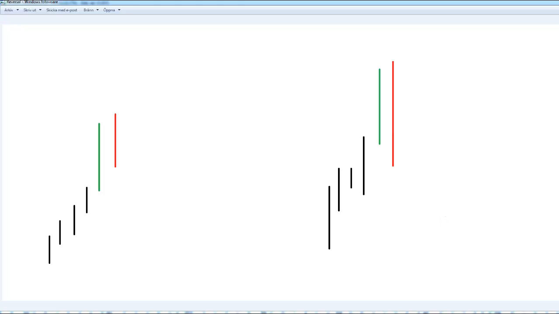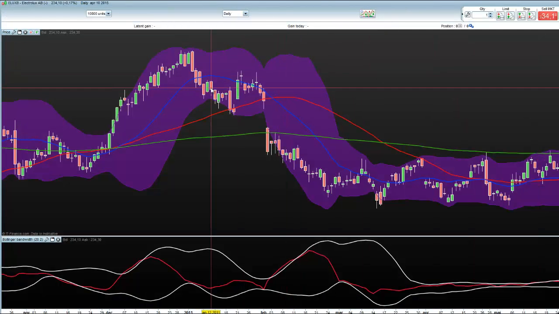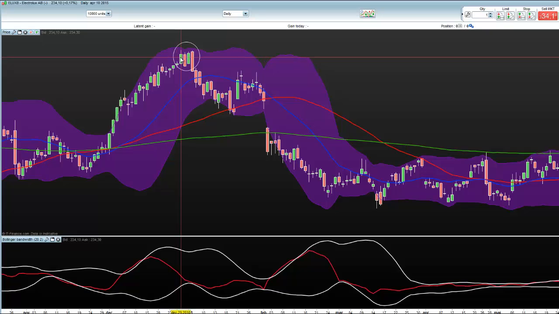And we're going to look at a couple of short examples. I found Electrolux, and we have here coming up, big red bar. It doesn't really engulf the wick at the absolute top. It's a very small miss, but it still is a miss, so you have to stick by your rules.